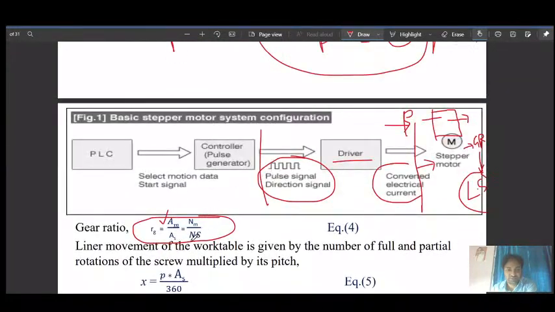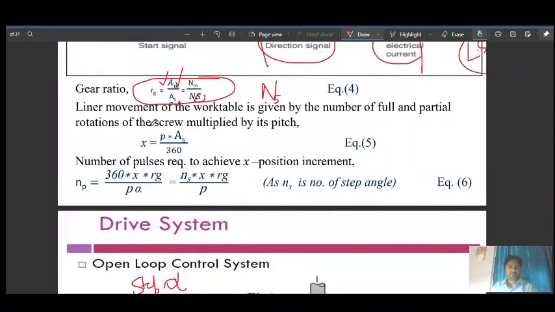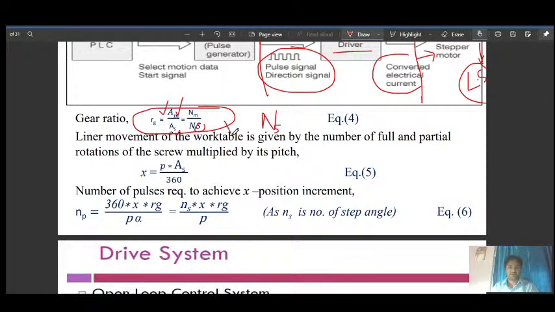This should be a small ns. Ns is the RPM of the lead screw. Okay, again, I hope it is clear.